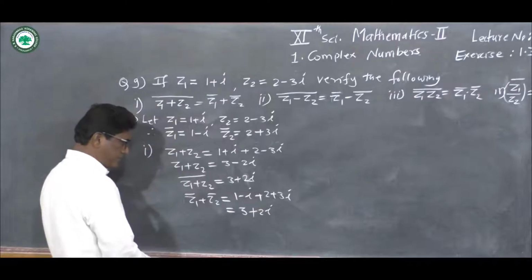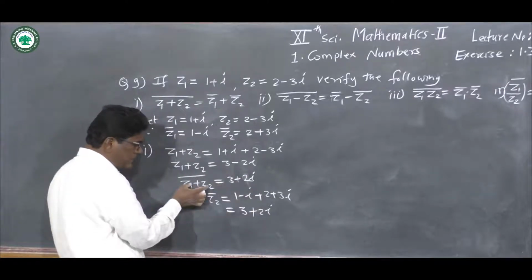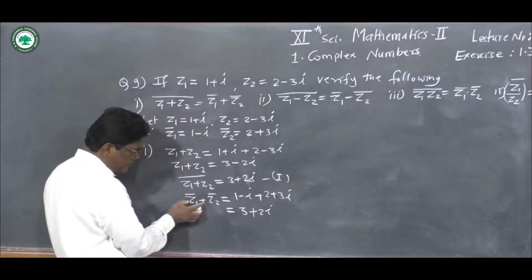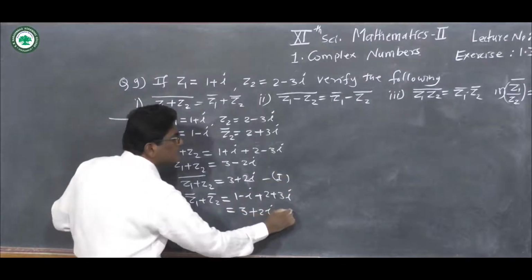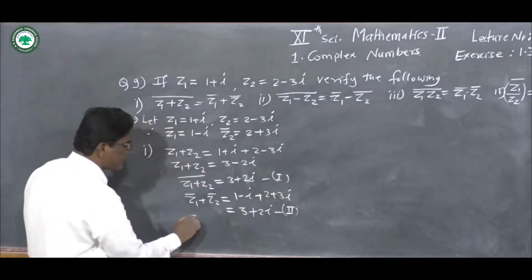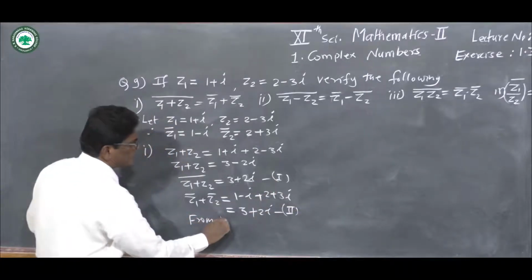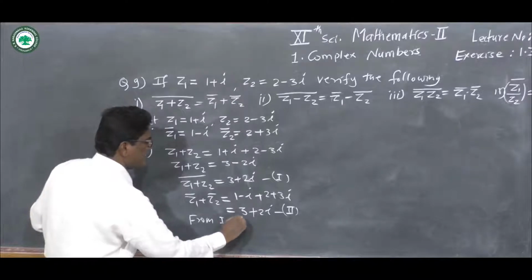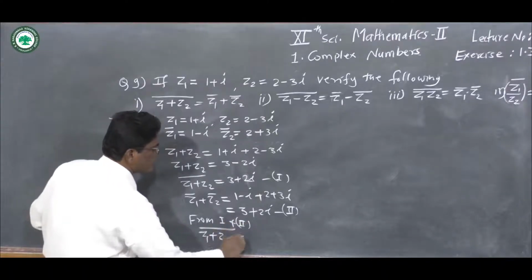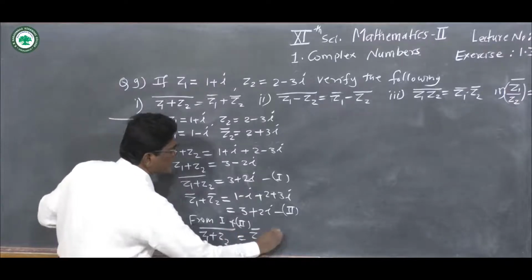So observe here, z1 plus z2 bar is equal to 3 plus 2i, and z1 bar plus z2 bar is also 3 plus 2i. We call this equation second. From first and second, z1 plus z2 bar is equal to z1 bar plus z2 bar.